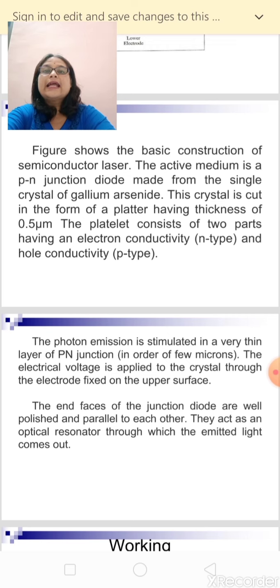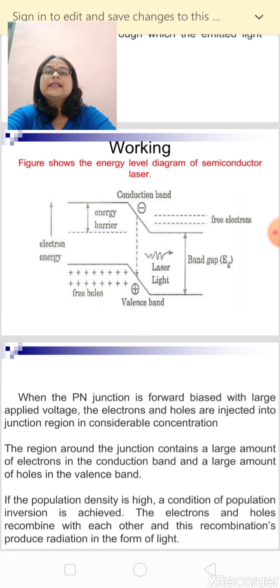Now then we turn to the working of the semiconductor diode laser. This figure shows the energy level diagram of the semiconductor laser. When the PN junction is in forward bias with a large applied voltage, the electrons and holes are injected into the junction region in considerable concentration.